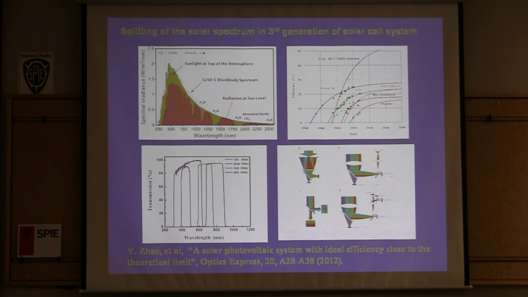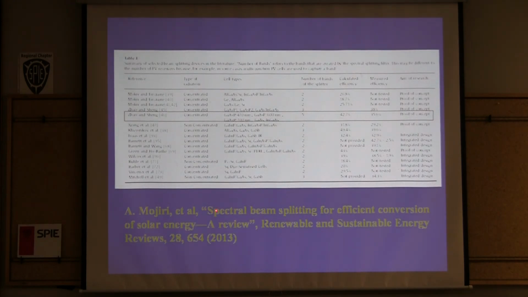This review, titled spectral beam split for the efficient conversion of solar energy, a review, especially from last year, cited our results. All of these are 2, 2, 3, and this is 5 splitting, separating the solar spectral range into 5 pieces. I think we can get more. It's not only 5; we have more. Get more energy, improve the system.